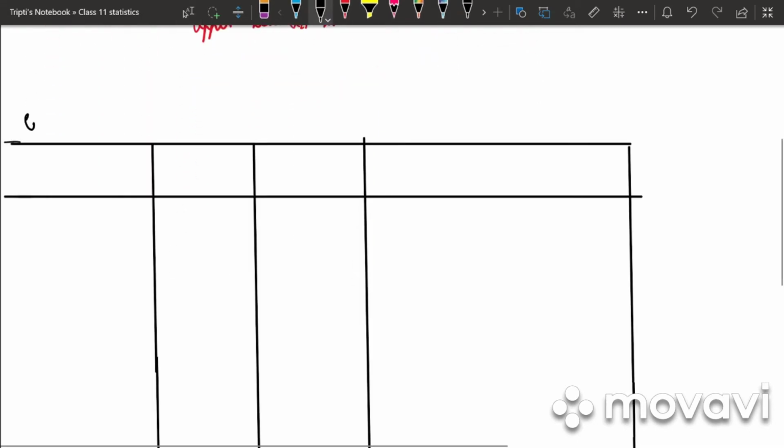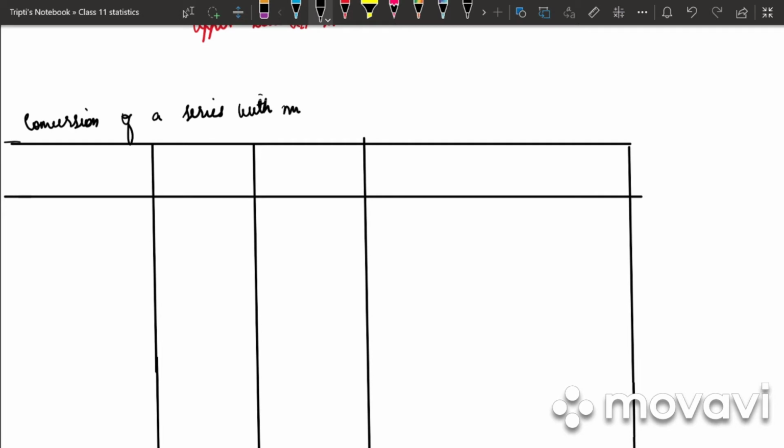So we'll be having 4 columns. And our table heading will be conversion of a series with mid values into series with class interval.